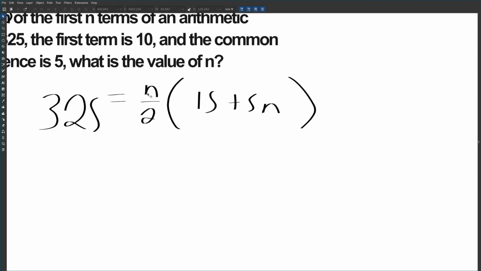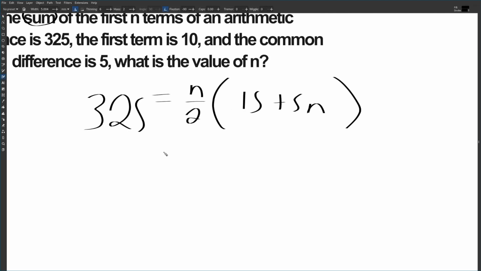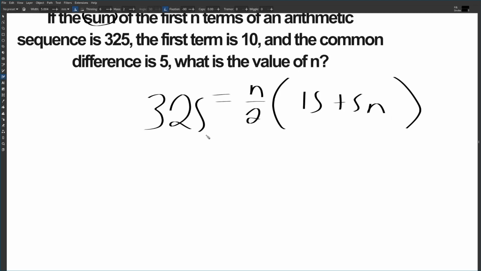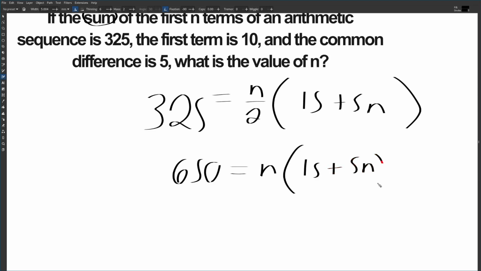Since here we have a fraction, over 2, I would multiply both sides by 2, just to not deal with that. So 325 multiplied by 2 is 650. So 650 is equal to n times the quantity 15 plus 5n. For this one, I'll use a graphing calculator.